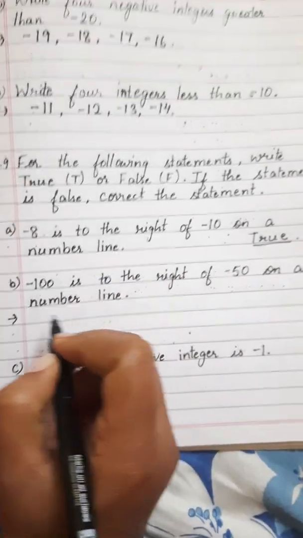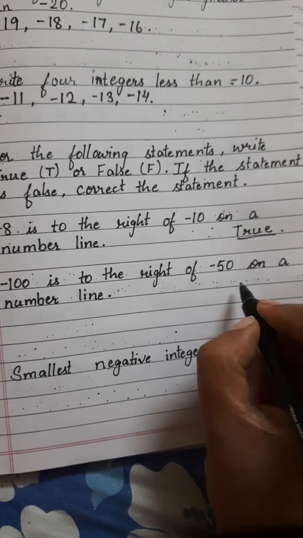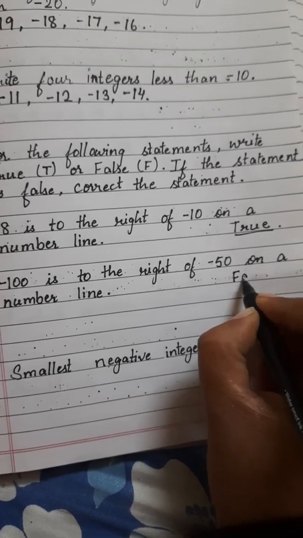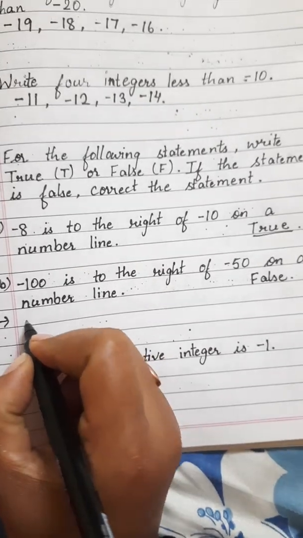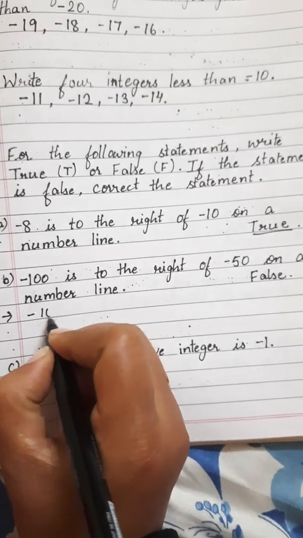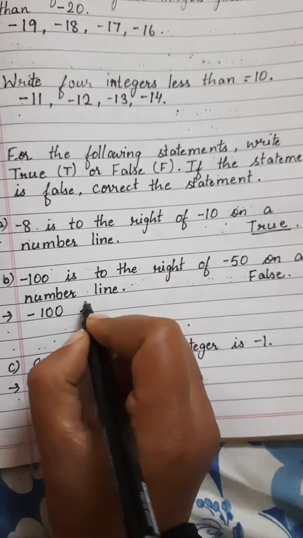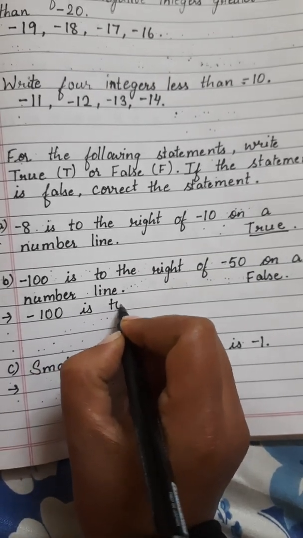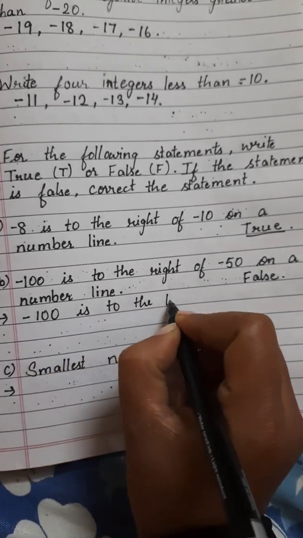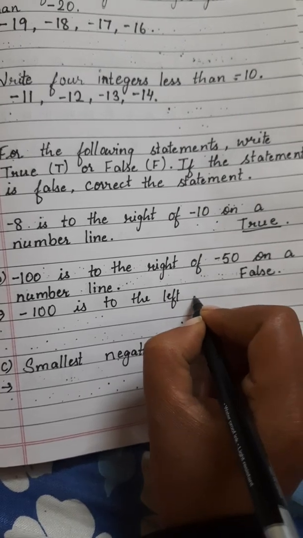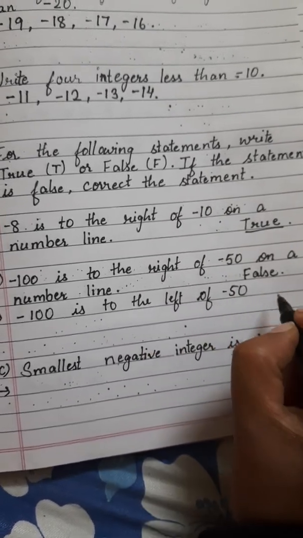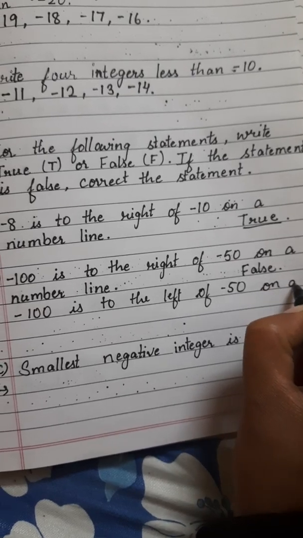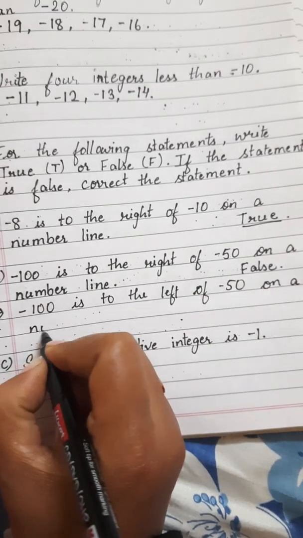Okay, so first you will write that this is a false statement. Then in the answer you will write -100 is to the left of -50 on a number line.